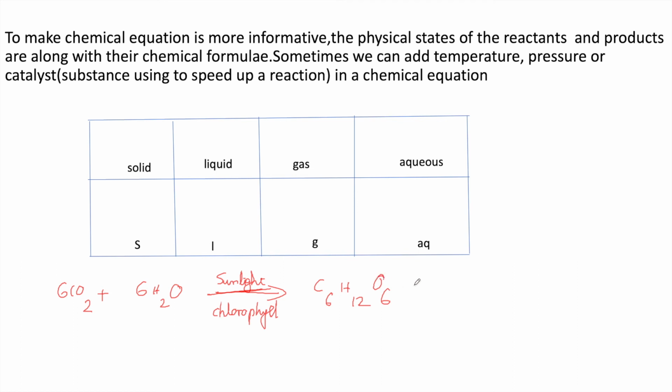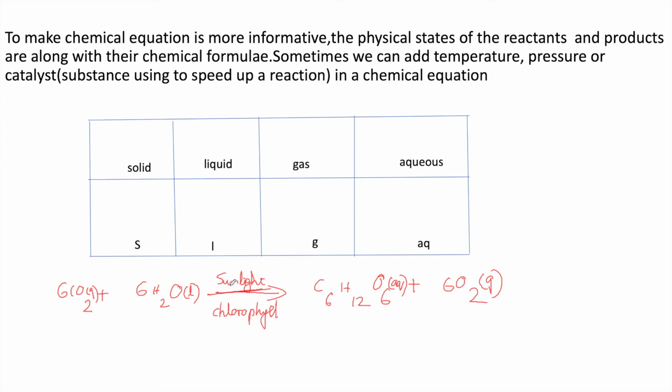C6H12O6 plus 6O2. And carbon dioxide, it's in gaseous state, water it's in liquid state. And this is glucose. Glucose is aqueous solution. And oxygen, again it's gas. Okay, so this is a complete chemical equation for photosynthesis.